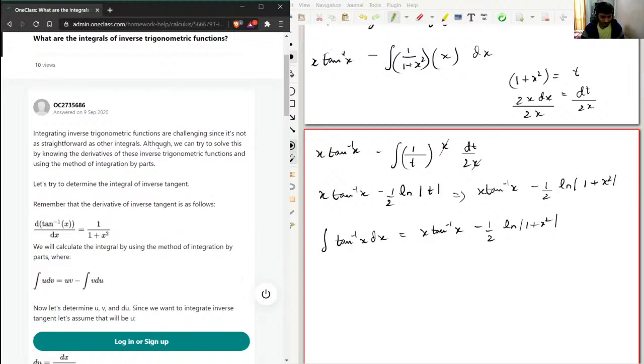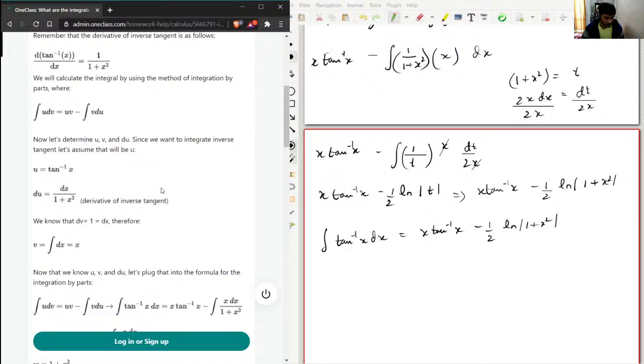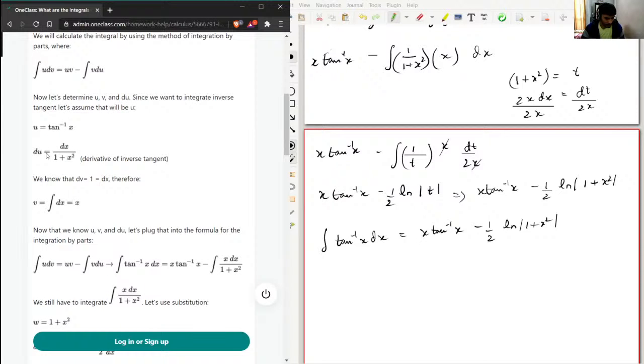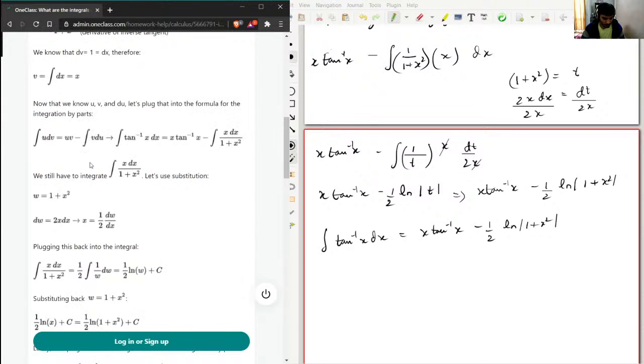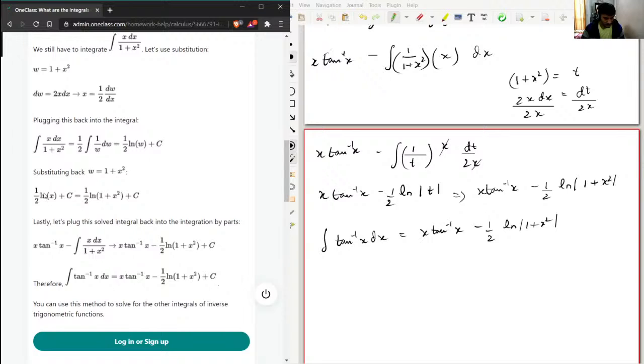And let's just check the solution given here. So yeah, they have followed the same procedure here also. So this is half ln of 1 plus x square plus c. Okay, yeah. So we forgot one c also. As this is indefinite integration, we have to write a constant of integration, which is c.